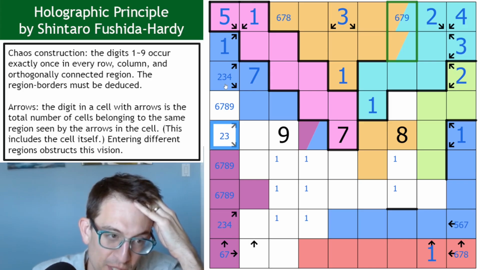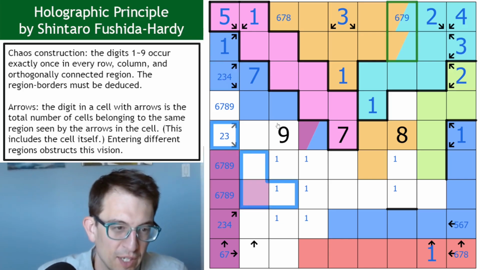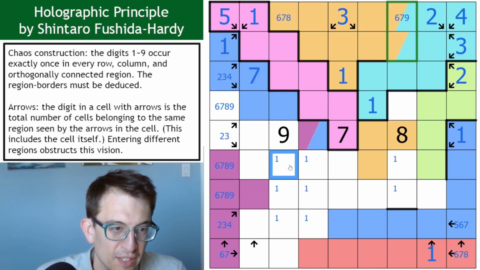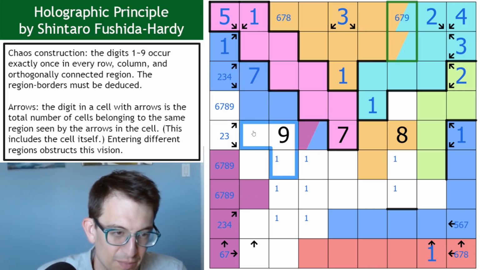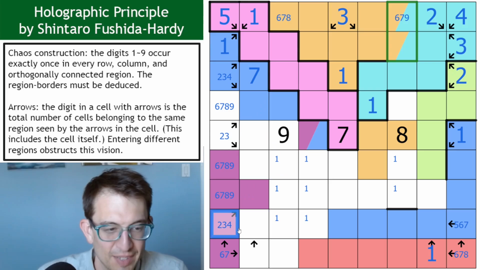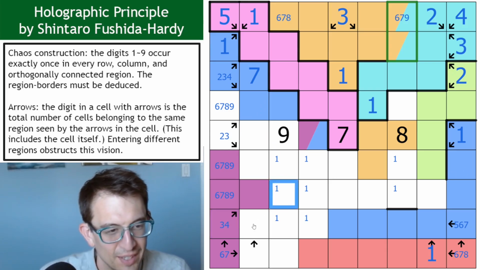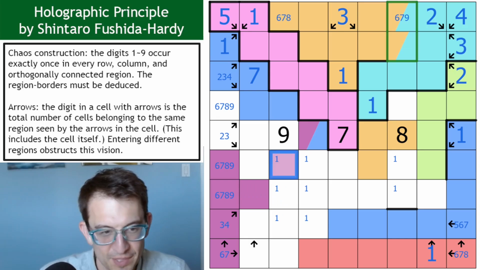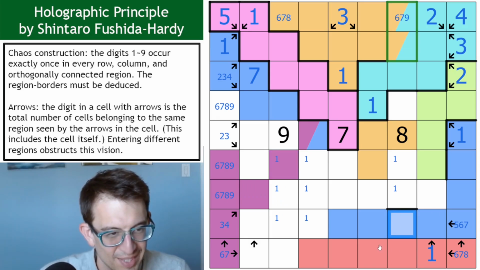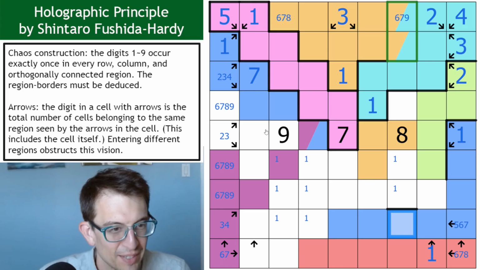Because if this is 2, this is 3, this is 4, and we end up with that problem where 2, 3, 4, these cells are kind of, we have 3 cells to go in here. I'm going to use it. It doesn't do much, so I'm just going to put it in there. But so this is actually purple. I'm going to see if that lets me do something.